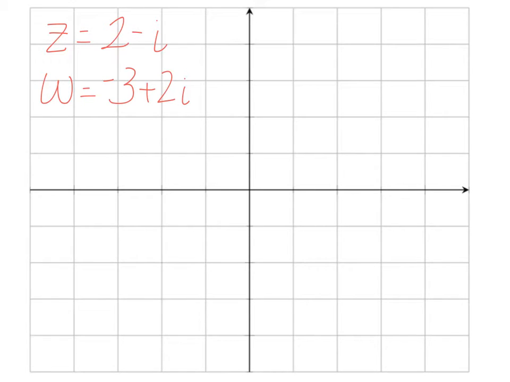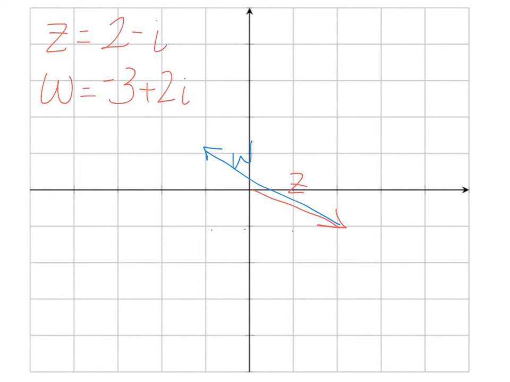Say I'm graphing z in red, and we went 2 along the real axis, and then 1 down. Then for w, we go in a negative real direction, back 3, and then up 2. And so this was our w.